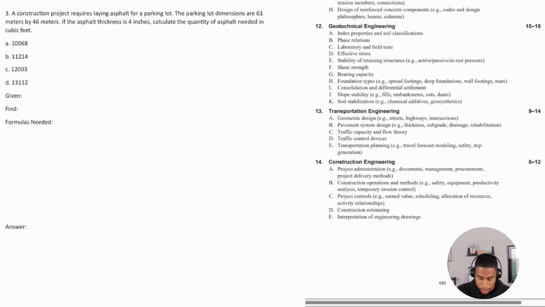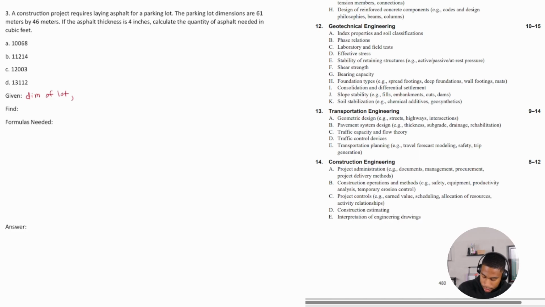So a few things going on here. We need everything in cubic feet. Let's start with what we're given. So we're given the dimensions of the lot.